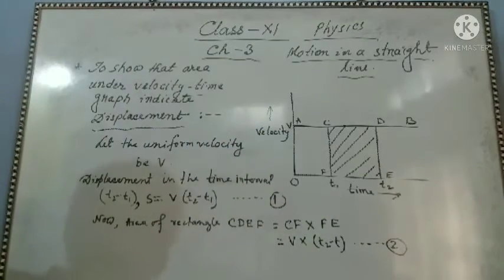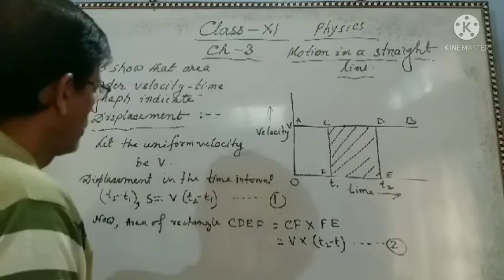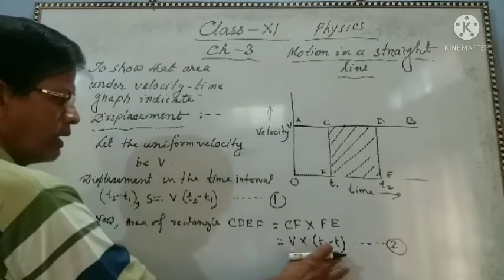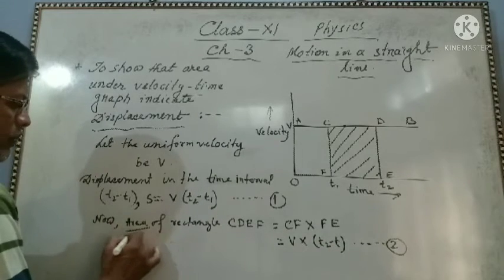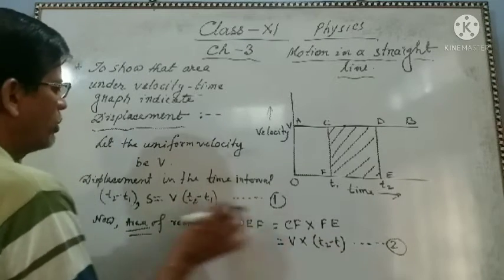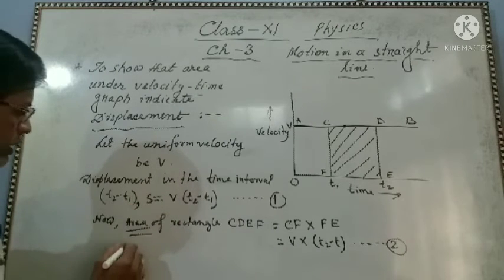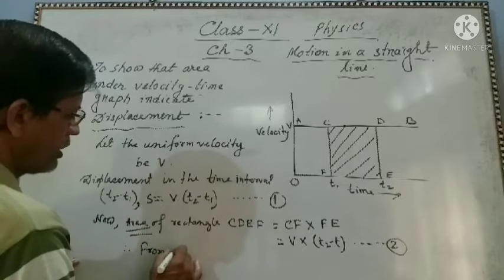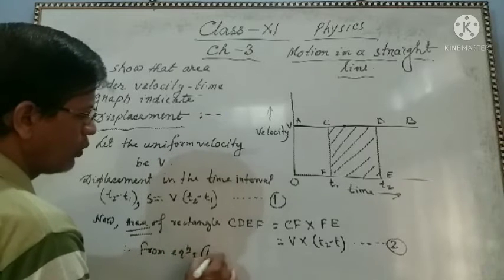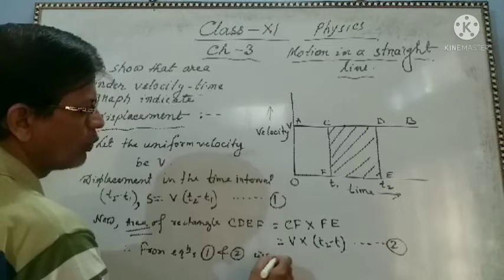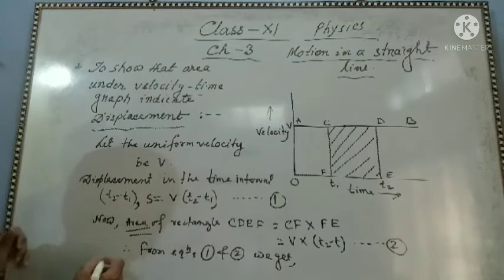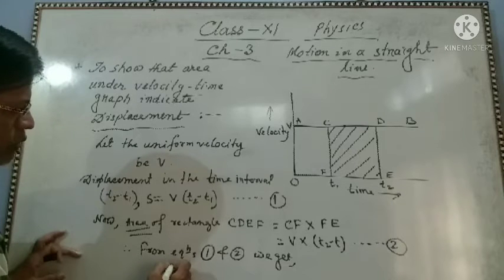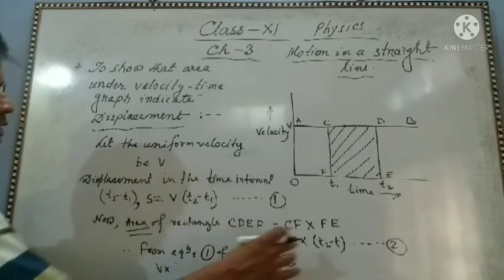So from equation 1 and 2, what are we getting? Area is equal to displacement. Therefore, from equation 1 and 2, V into t2 minus t1, this is equal to this.